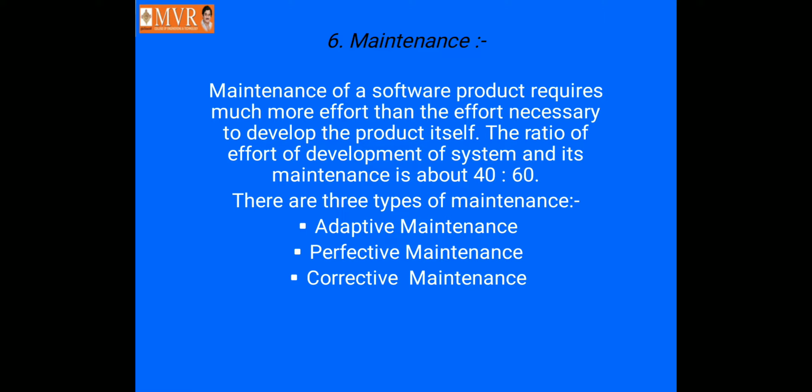Maintenance of a software product requires much more effort than the effort necessary to develop the product itself. The ratio of effort of development and maintenance is about 40 to 60%. There are three types of maintenance: adaptive maintenance, perfective maintenance, and corrective maintenance.